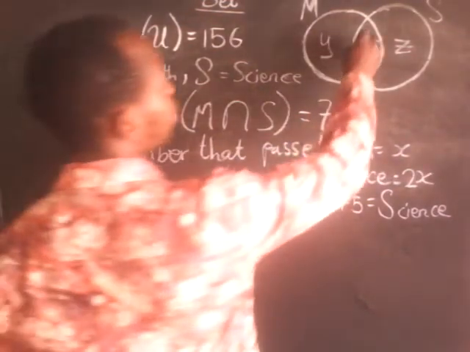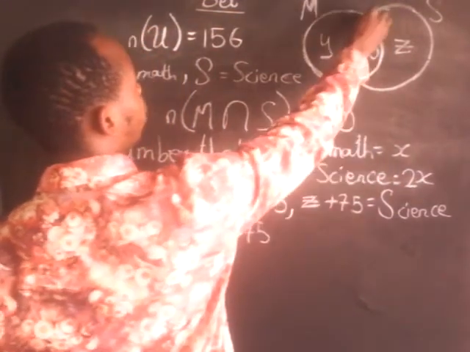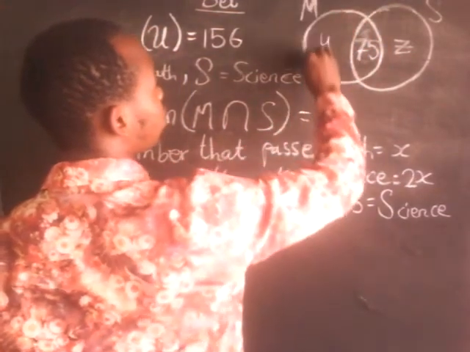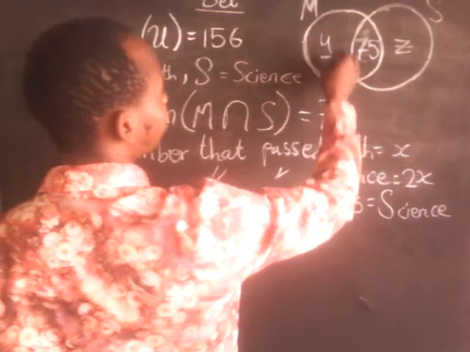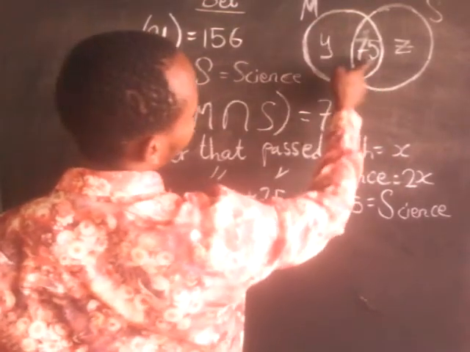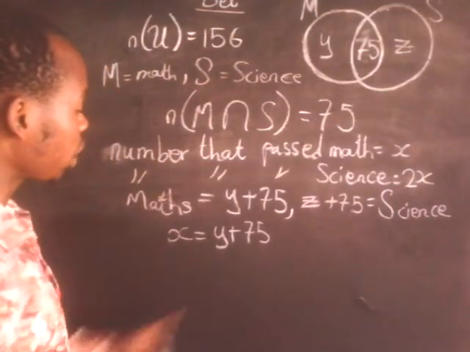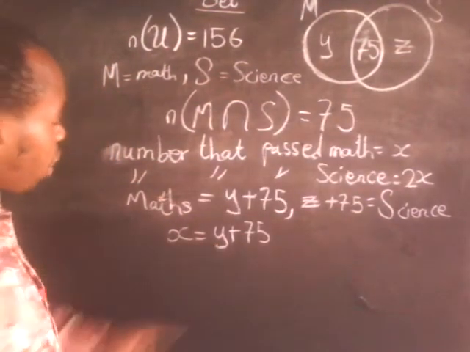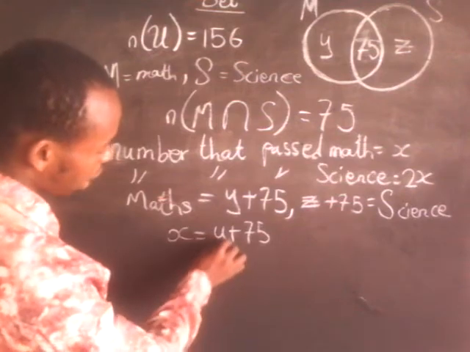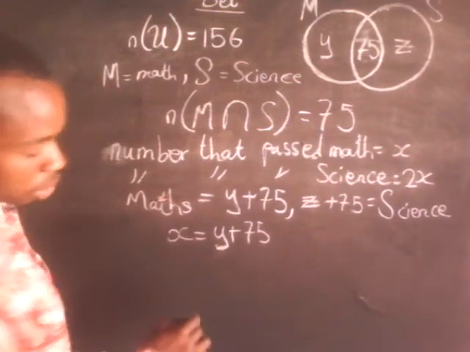And for the number of people that passed math only, if you look at this Venn diagram here, you see that y is for the people that passed mathematics only, while this place is for people that passed mathematics and science. So if I want to get the people that passed mathematics only, I will have to make y the subject of the formula.